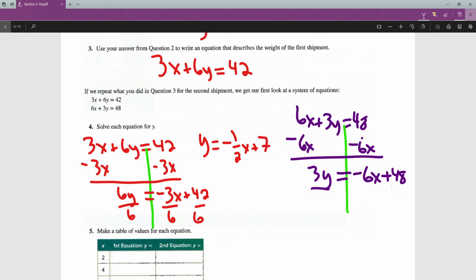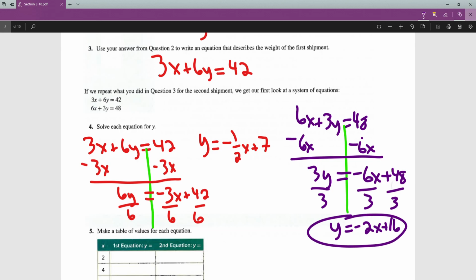Last step then is to divide everything by 3. Y equals negative 2x, oops, not 6. See if my eraser will work for me. It did. 48 divided by 3 is what? 16. So these are my two equations that I'm going to work with.